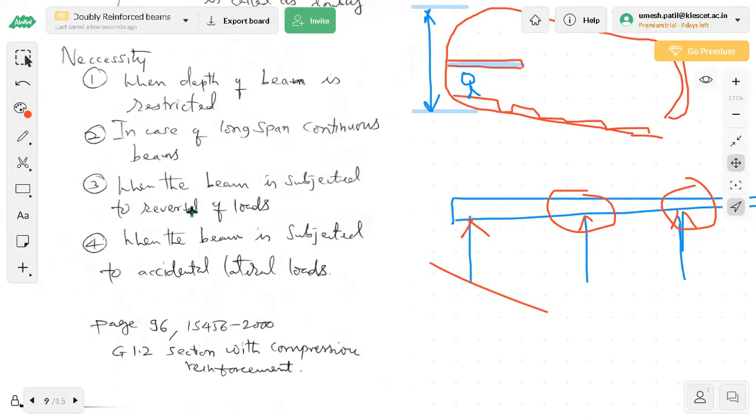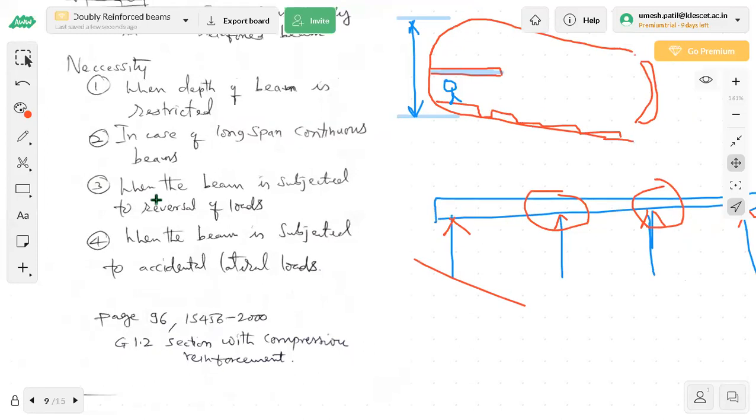Water is not there inside the underground water tank, whereas the earth is exerting pressure. Imagine the surrounding earth is removed, but the water tank is filled. That time the hydrostatic pressure acts on the water tank. This is what we call the reversal of stresses or reversal of loads.